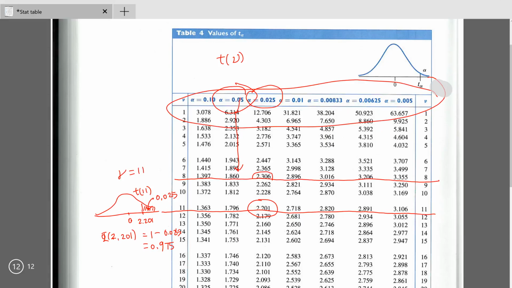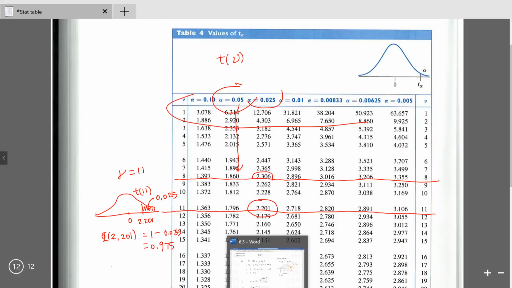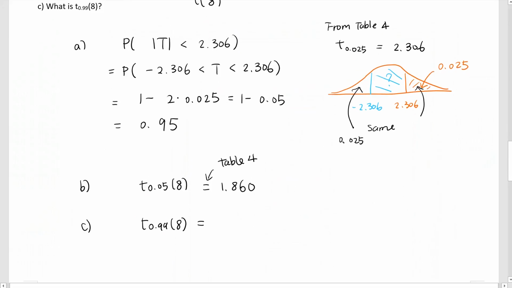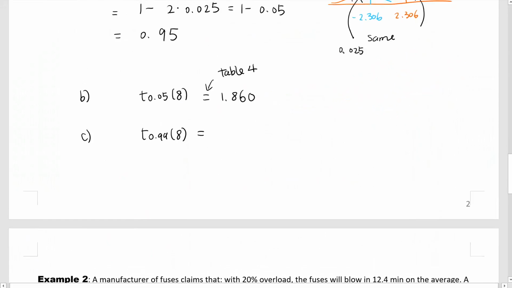No. All the alpha values are less than or equal to 0.1. So we don't have alpha as 0.99. In that case, what do we do? Let's try to figure out what it means. So t.99, we draw the picture.